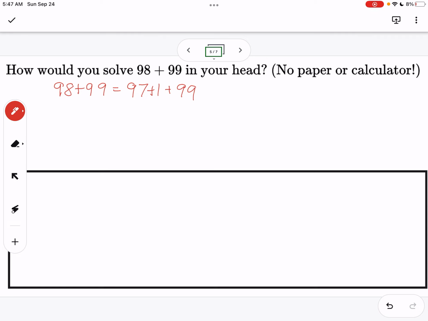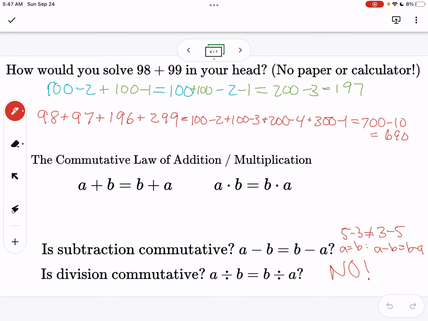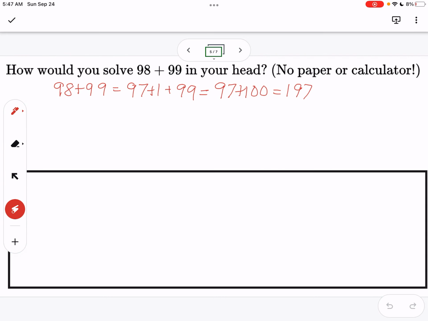Then I can add the 1 plus 99 first to make 97 plus 100, which equals 197. The same answer we got before, just a different method to get there. So the question is, what property allows us to stop associating with the 97 first and associate with the 99 first?